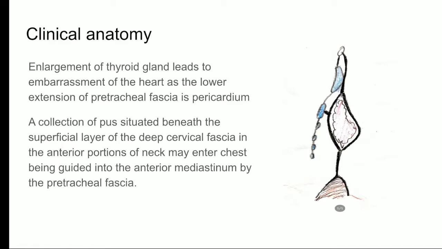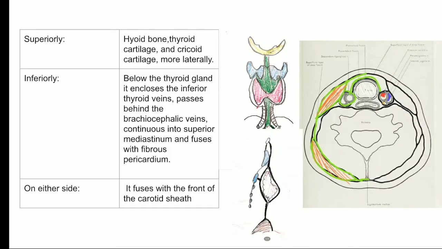And secondly, a collection of pus situated beneath the superficial layer in the anterior portion of the neck may enter the chest, being guided into the anterior mediastinum by the pretracheal fascia, right? Both these points are because of its inferior extension being the fibrous pericardium.